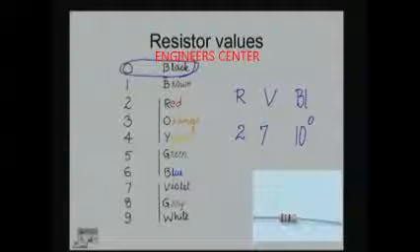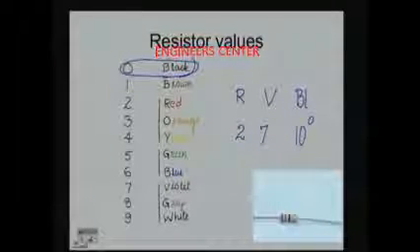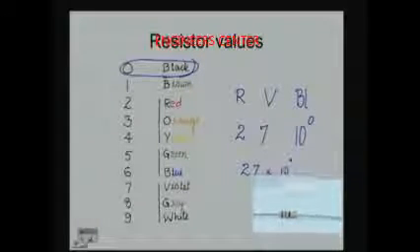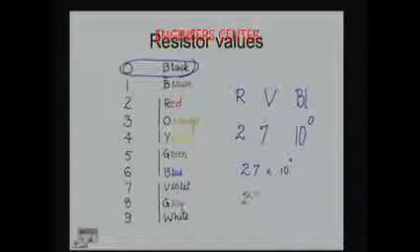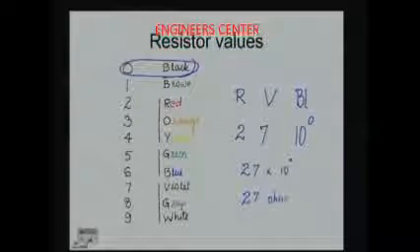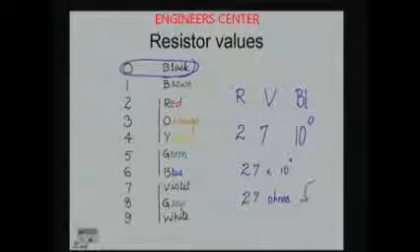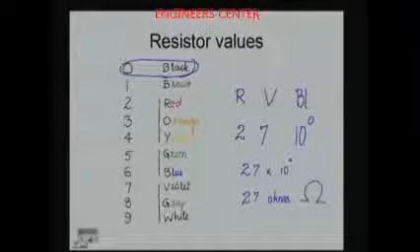So, the value of the resistor is 27 into 10 to the power of 0, which is 1, which is 27 ohms, and the symbol for ohm is the Greek letter omega.